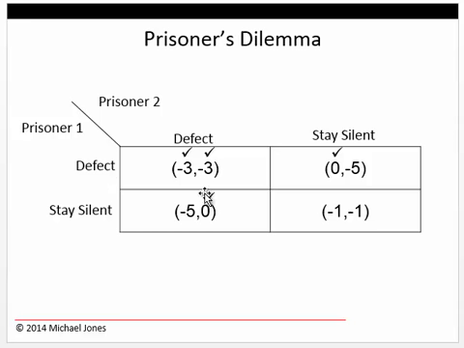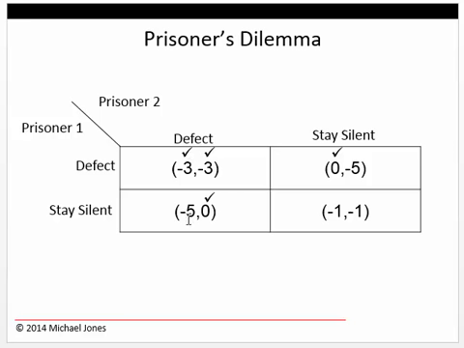Now a Nash equilibrium is indicated here by prisoner 1 defecting and prisoner 2 also defecting. You can see that I've got the check marks over both payoffs. In other words, this is a mutual best response. Neither party has an incentive to deviate from that strategy. So if prisoner 2 defects and I'm prisoner 1, I'm not going to stay silent, right?